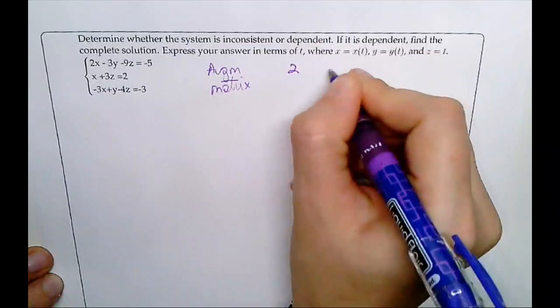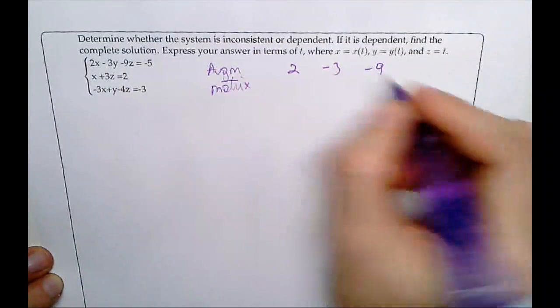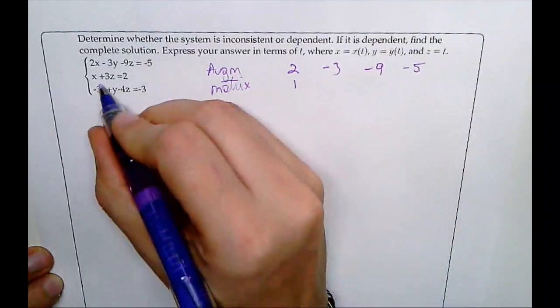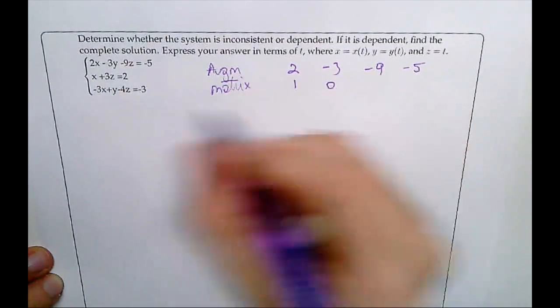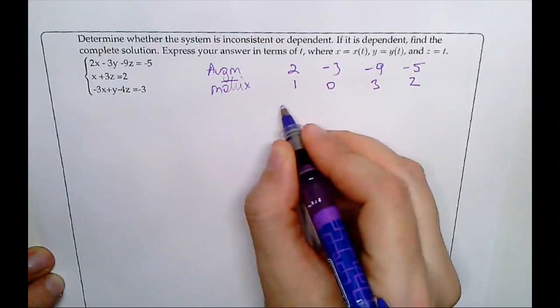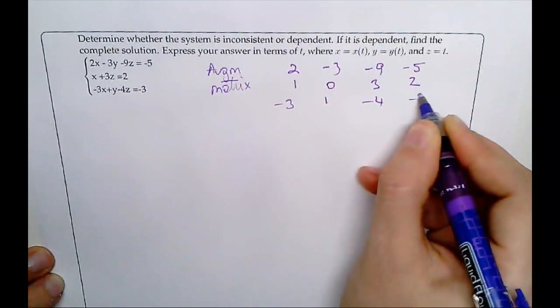So it's going to be 2, -3, and -9, and then the free term is -5. And then 1 for x, there's no y, so 0 for y, 3 for z, and 2.